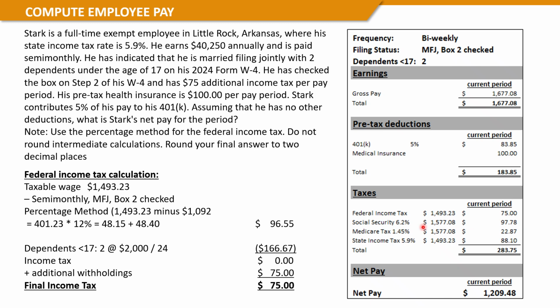Now we're ready in step 3 to calculate the federal taxes. We do that by looking up $1,493.23 in the percentage table of married filing jointly, box 2 checked, and the semi-monthly payroll period.